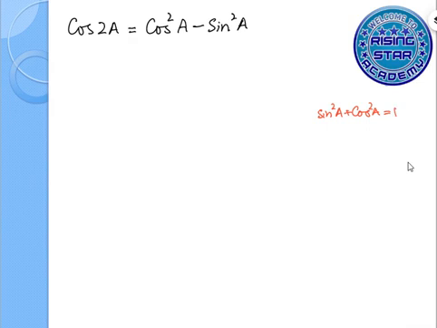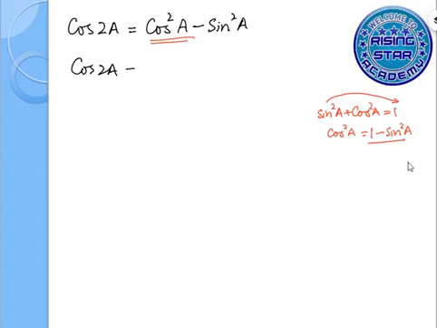Now I will make cos square A the subject. This sign will move to the right and that would be subtracted. So 1 minus sine square A. So I would replace this cos square A with 1 minus sine square A. So cos of 2A is equal to 1 minus sine square of A, and this sine square A would be written as it is.